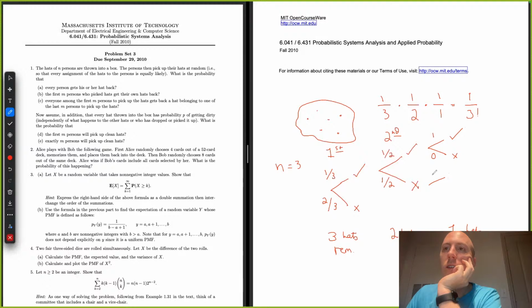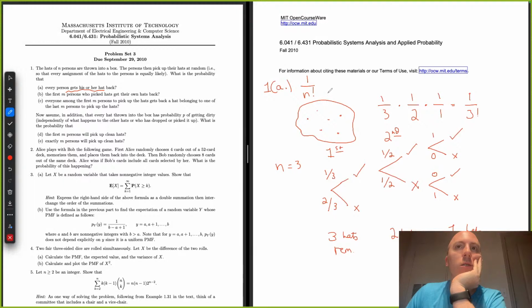Down here, there's a 0% chance that they get it, and a 100% chance that they don't. Yeah, so these are just flipped. So for 1A, the chance that every person gets his hat back is 1/n factorial.